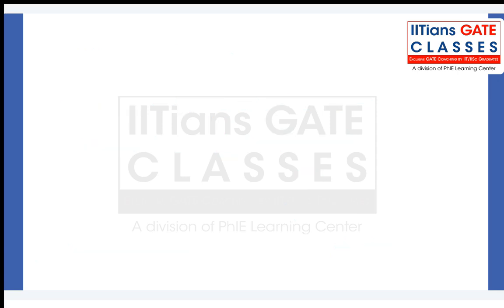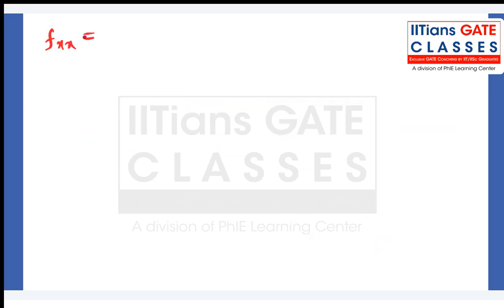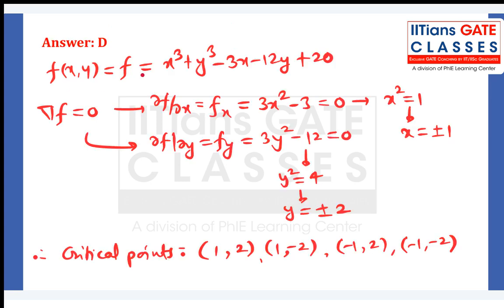So let's evaluate this f_xx, that is the second partial derivative with respect to x. That turns out to be 6x. Similarly, f_yy also turns out to be 6y. And f_xy, which is also equal to f_yx, turns out to be 0, right?